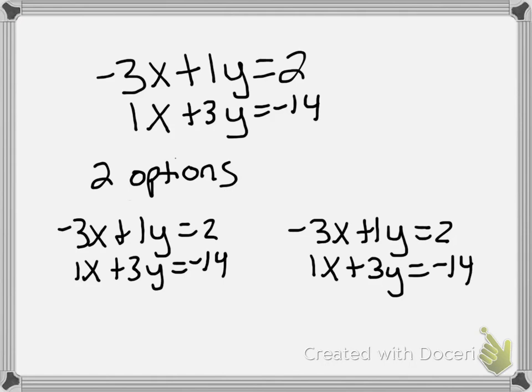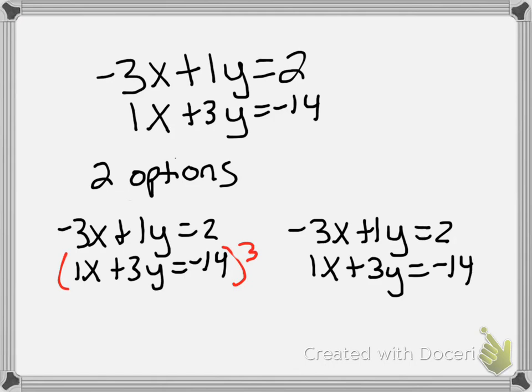So with this one, let's say in the one on the left, I wanted my x's to cancel. Well, since I already have a negative 3x at the top, I could multiply that whole bottom equation by positive 3, because that would give me a 3x down there, and I already have a negative 3x above it, which would make that work.